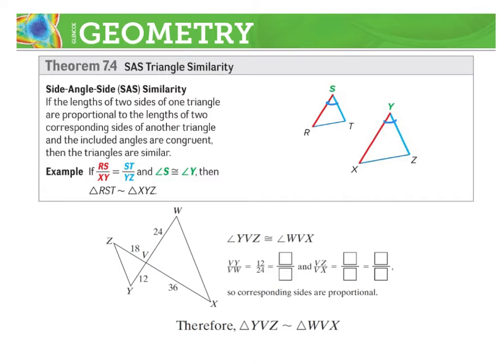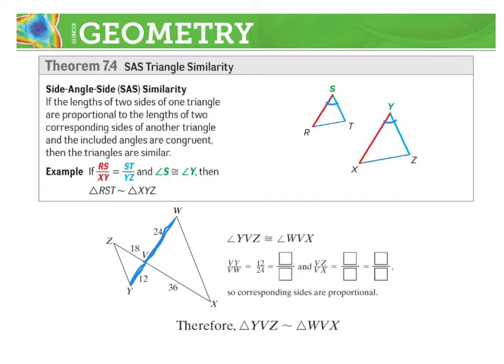But VY has to correspond to VW because VY is the shorter side of triangle VYZ and VW is the shorter side of triangle VWX. And the same is going to be true for VZ and VX.